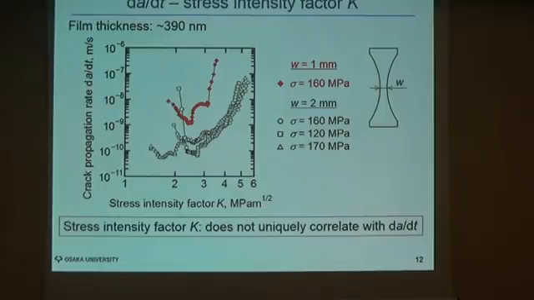So we can conclude that the stress intensity factor K does not uniquely correlate with da/dt. This is because, as I mentioned, the crack propagated in a widespread creep deformation region, so the use of the elastic stress intensity factor K is not valid for this case.